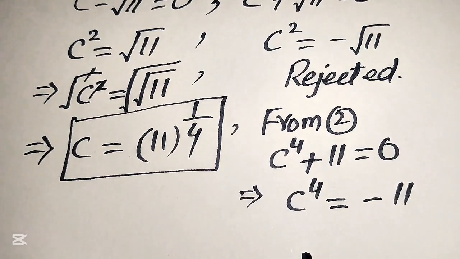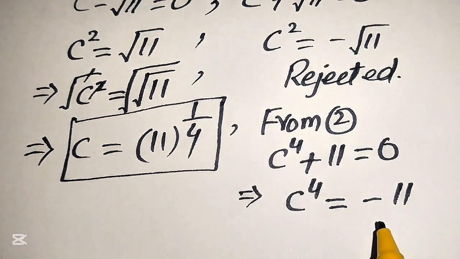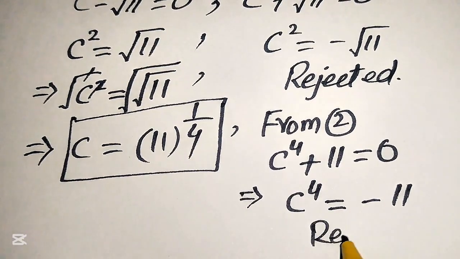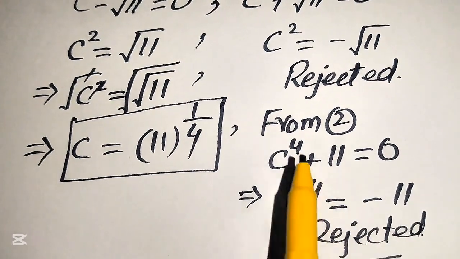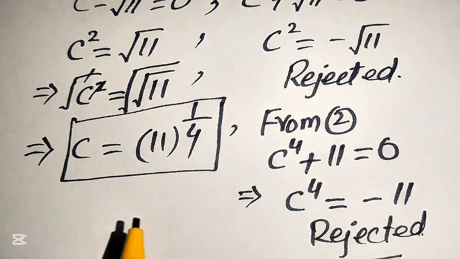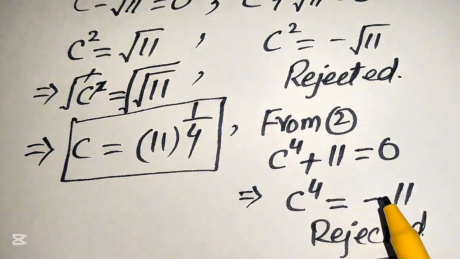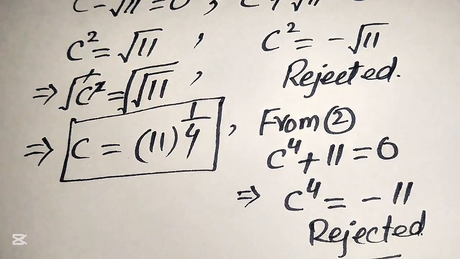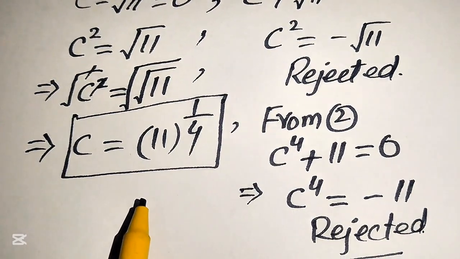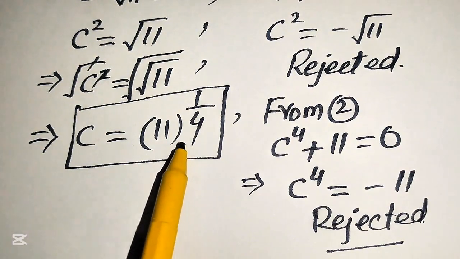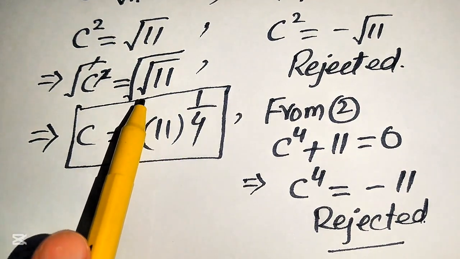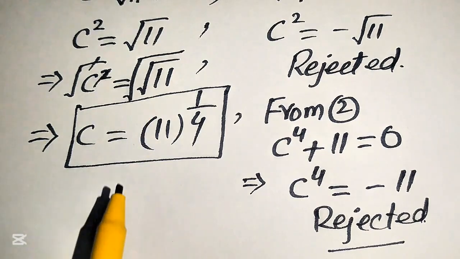In this case c again becomes negative, so we reject this case also. We reject both of these cases because these two values of c become negative. So we have only one positive value of c, and that is 11 to the power of 1/4. In other words, we can write it as the double square root of 11.